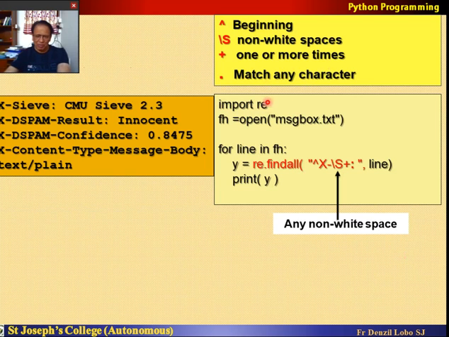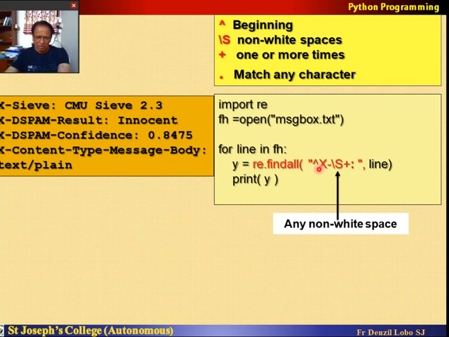Now, for example, I'm importing re, regular expression. Then I get the file handle for this message box, which contains this text. Then I'm checking line by line. For line in fh, it is going to take the first line and findall.